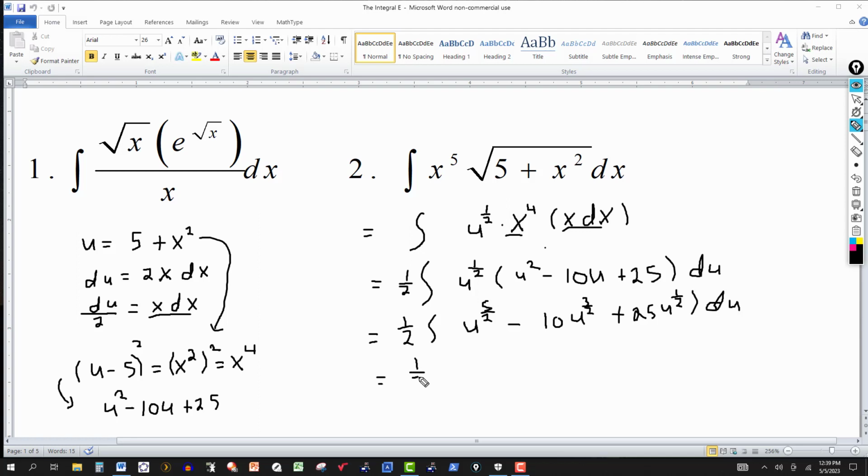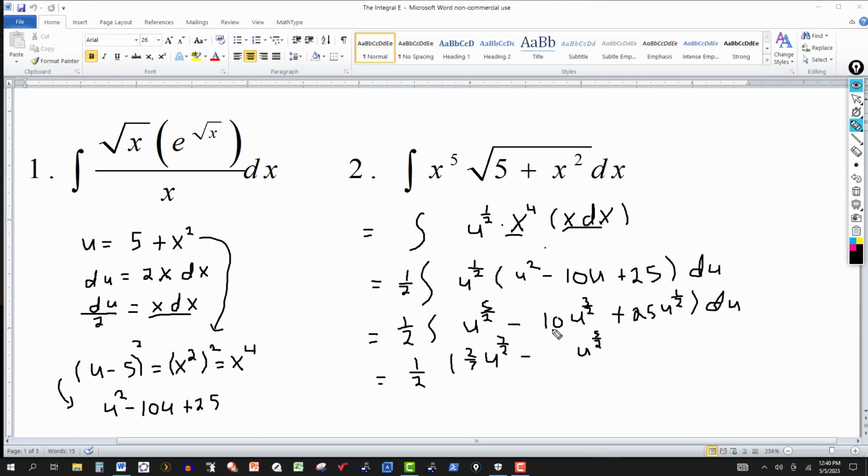Again, I'll leave the 1/2 out in front. So using the power rule for integration, we add 1 to the exponent here. It's 7/2. And then we divide the coefficient by 7/2. It's inverted, 2/7. Minus, and the next one, add 1 to the exponent, 3/2, that'll give us 5/2.